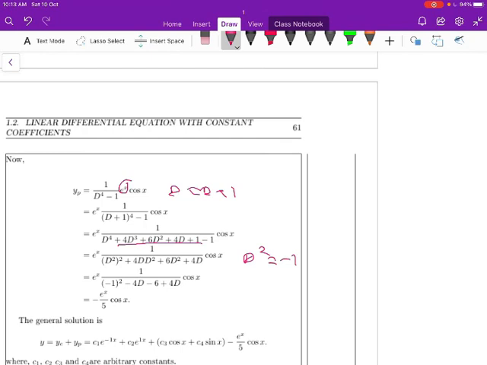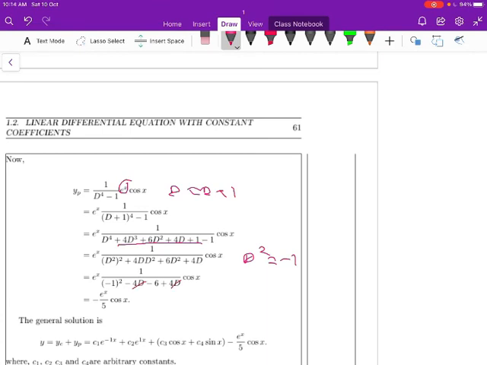And then you have to operate for d square is equal to minus 1. So therefore e power x into d square whole square. d to the power 4 can be written as d square whole square, so that is minus 1 whole square. 4d cube can be written as 4d into d square. For d square you should take minus 1, so that is minus 4d, plus 6d square can be written minus 6, plus 4d as it is written.